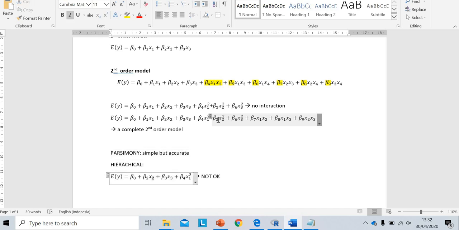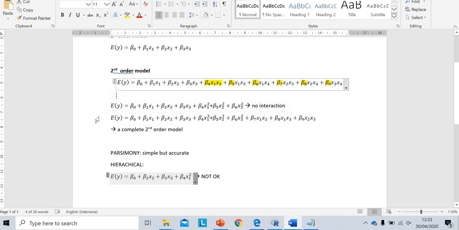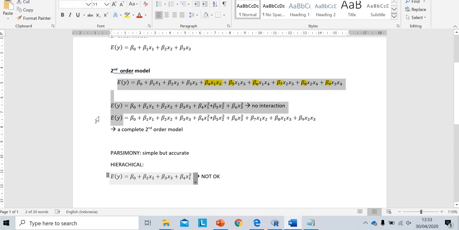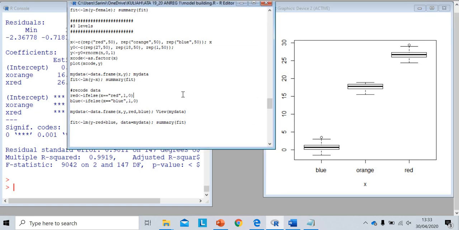The last takeaway message is that this is the ideal way of considering all possible relationships, but to avoid a more complicated model, do your visualization first, just like we did before.